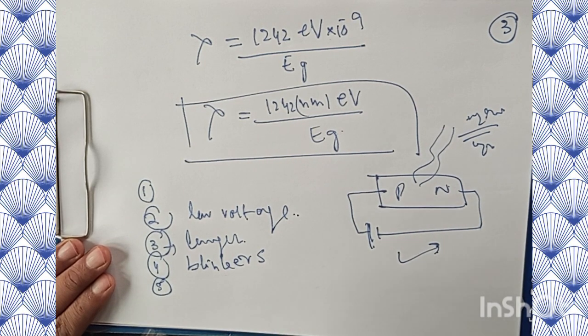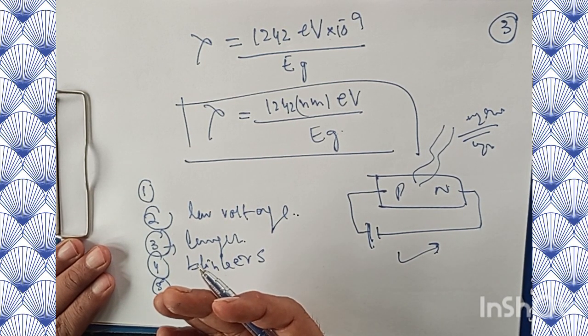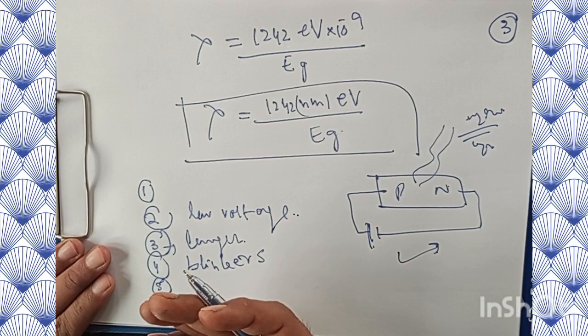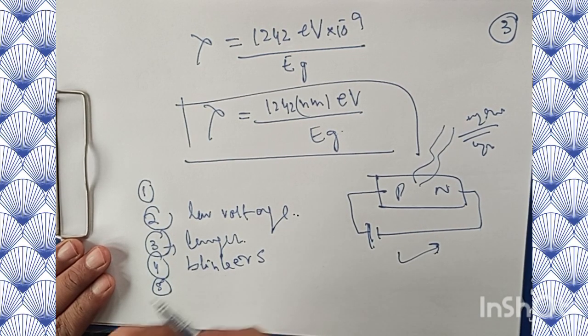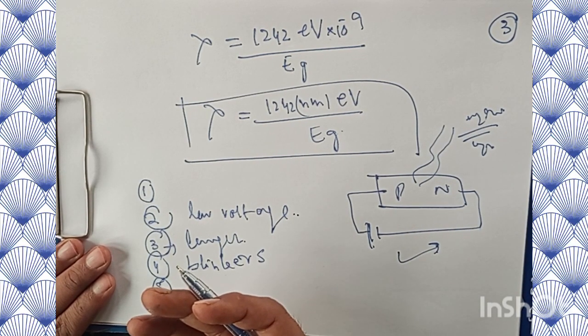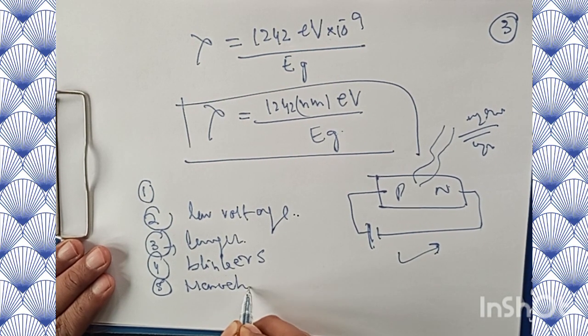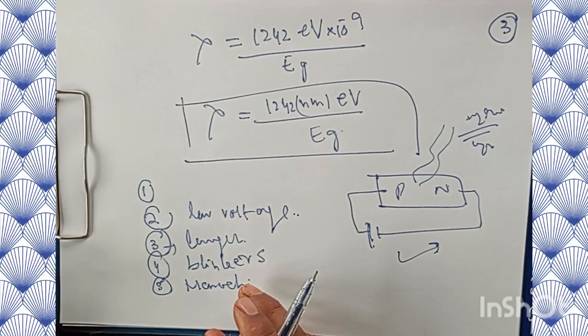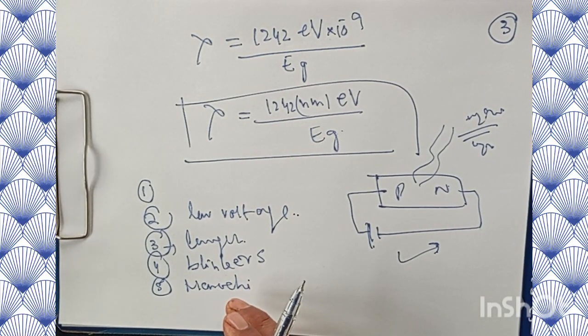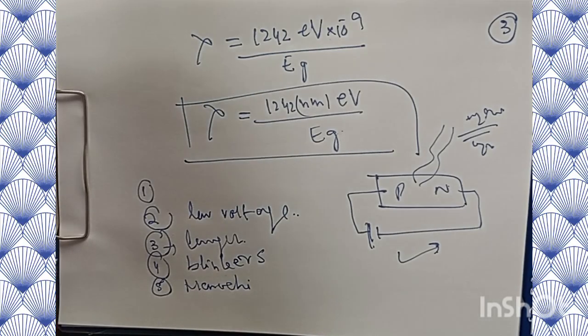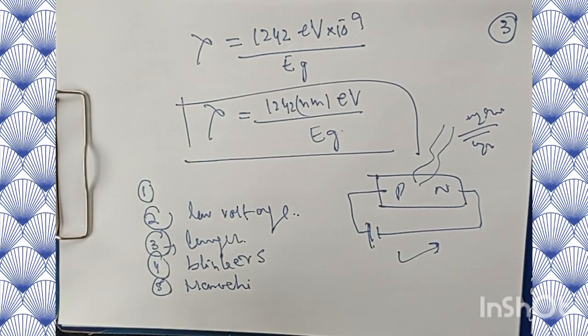They consume very less power as compared to the incandescent bulb that I talked about. Now, these are the advantages of these light emitting diodes, and they can emit monochromatic light as well as white light. So monochromatic means they can emit the light of single wavelength, the light of single frequency. So these were the advantages.